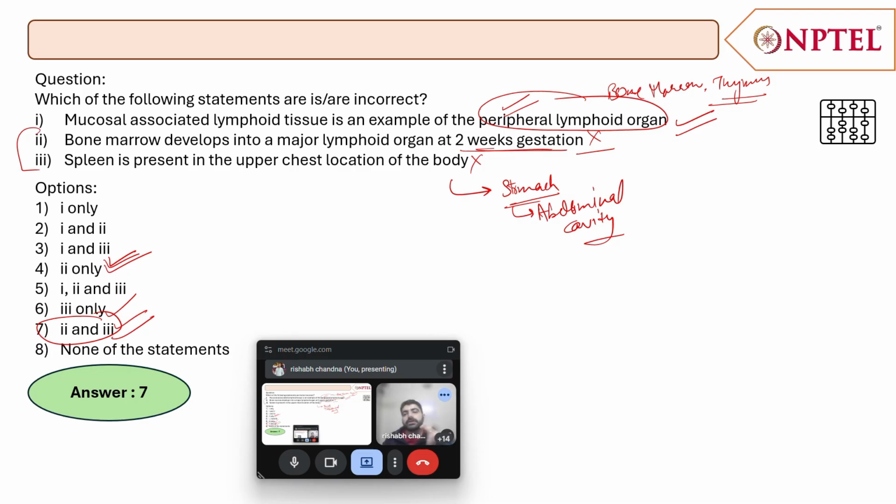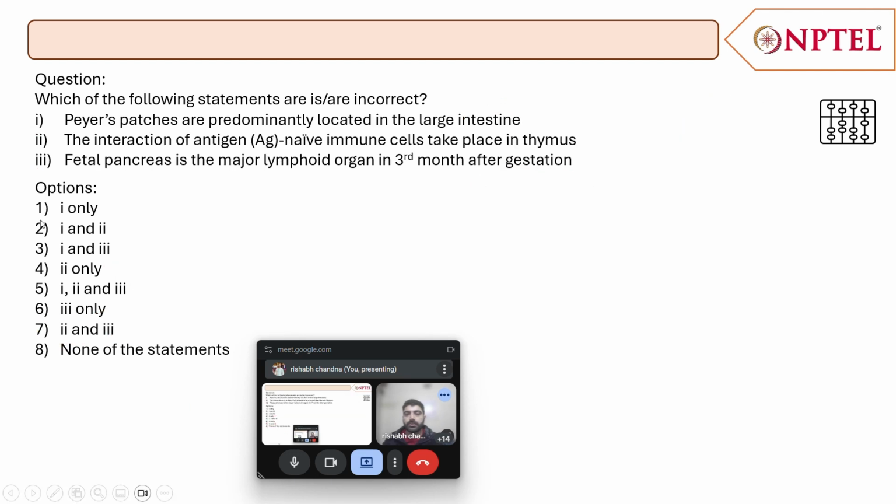Okay, so let's move on to the next question. Which of the following statements are incorrect?